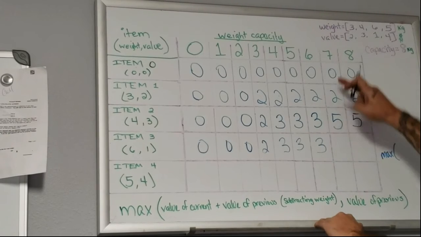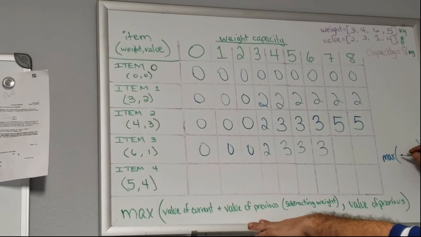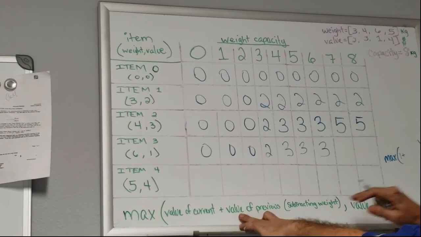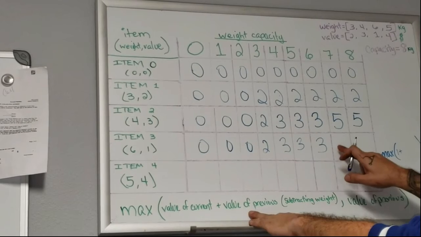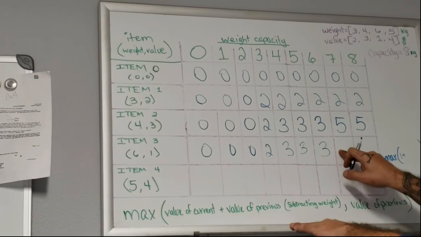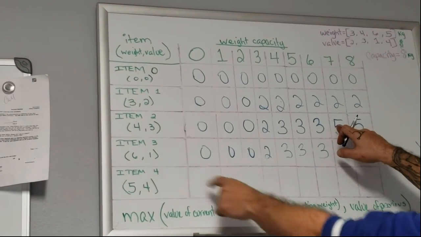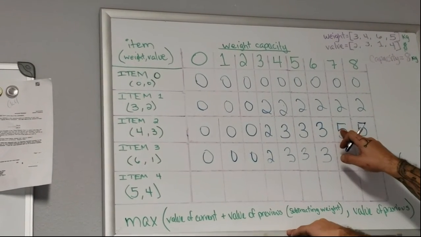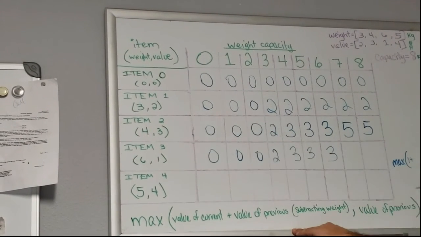All right, let's do this again for a weight capacity of 7. Starting with the value of the current, we're going to add the current value with the value of the previous. So to find the value of the previous, we will go up 1 and back 6 because of the weight of 6 kilograms. 1, 2, 3, 4, 5, 6.